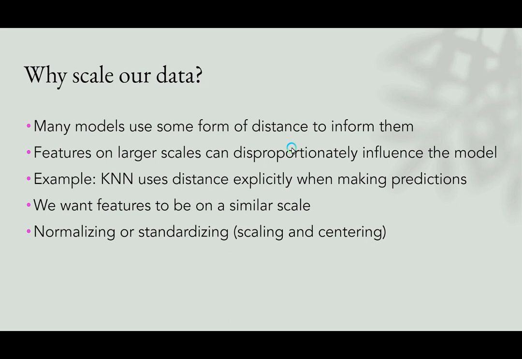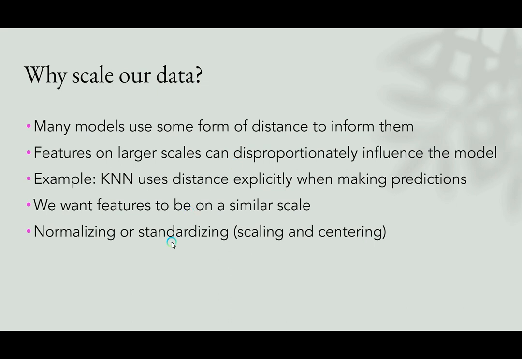So we want features to be on a similar scale. A similar scale means that we want features to be from 0 to 1, having a minimum value of 0 and a maximum value of 1, and not having a minimum value of -10 and a maximum value of 1 million. You can see that's quite a huge range, right?